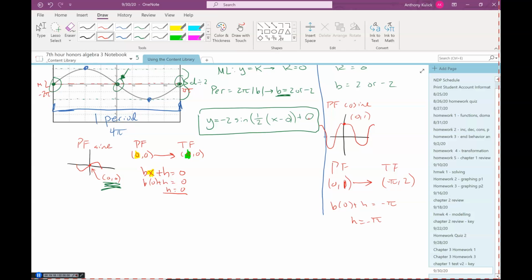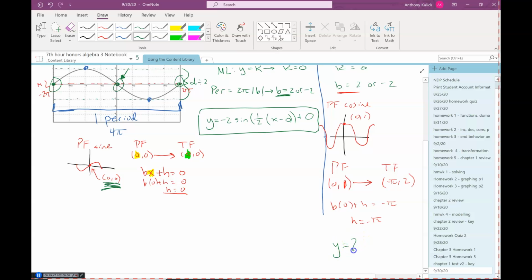No. So does the sign for b matter for a cosine function? No, it doesn't matter at all, right? If we reflect that graph across the y, we end up with the same thing. So we'll just pick one. I always pick the positive one just because it makes life a little simpler, because we have one less negative sign rattling around in our equation. But there's nothing that requires that.